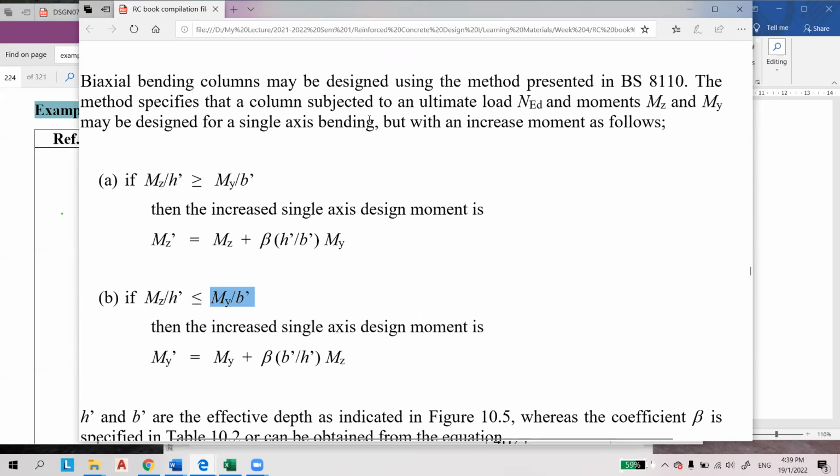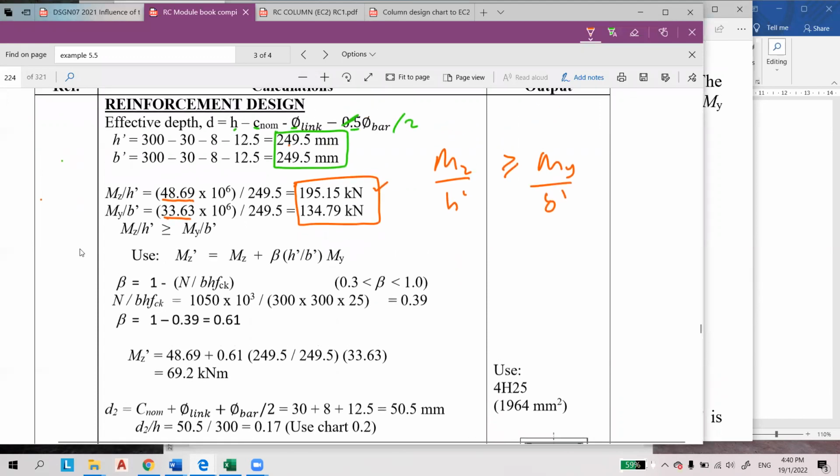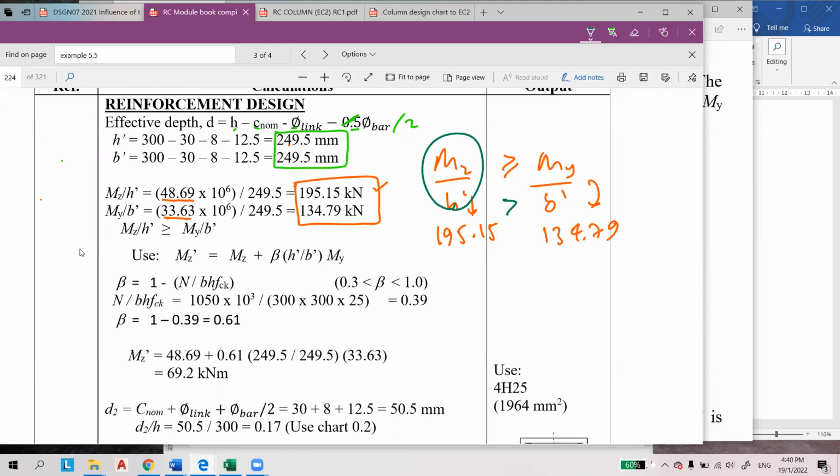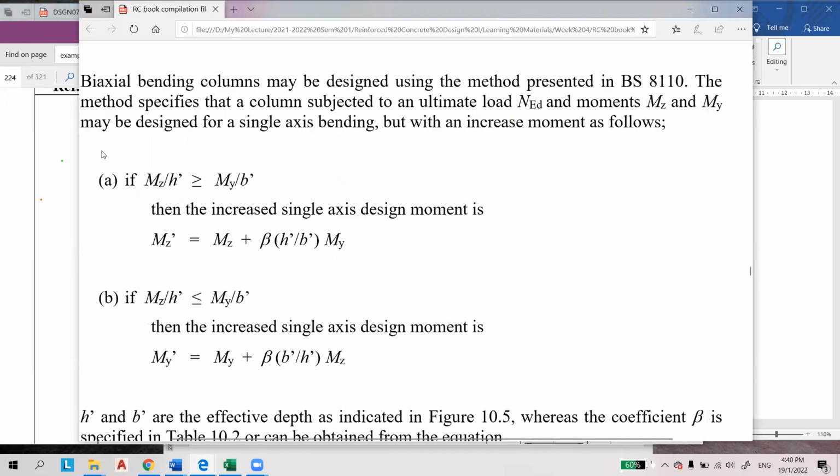We must check because we want to determine the equation of the design bending moment, either this equation or these equations. In our case, this is 195.15, and another one is equal to 134.79. So it is clear that Mz over h prime is greater than or equal to My over b prime. So we use this calculation.